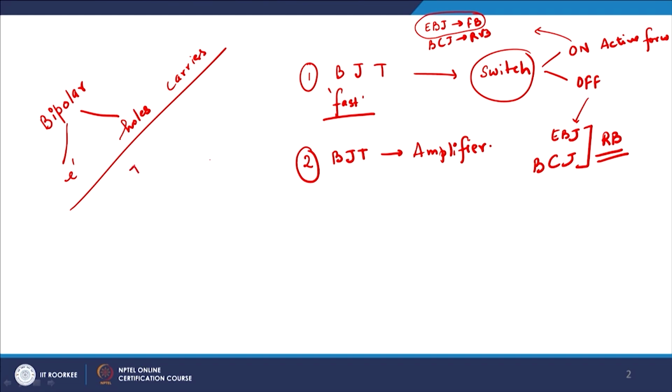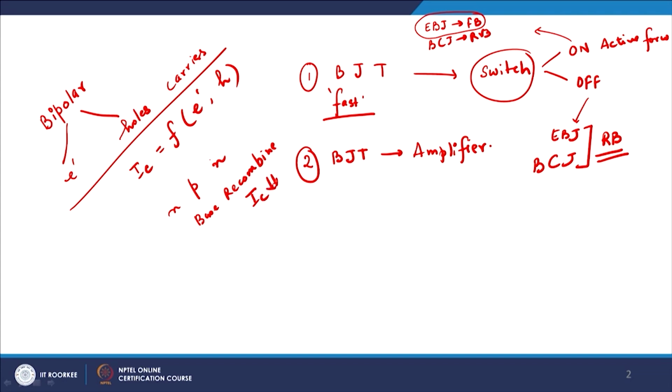The total collector current you see is a function of the number of electrons as well as the number of holes. Why the number of holes, in an NPN transistor for example? Because if the number of electrons is high, of course your emitter current will be high, but if the number of holes is also high, then the probability of recombination in the base region will also be high, and as a result your collector current will be smaller.